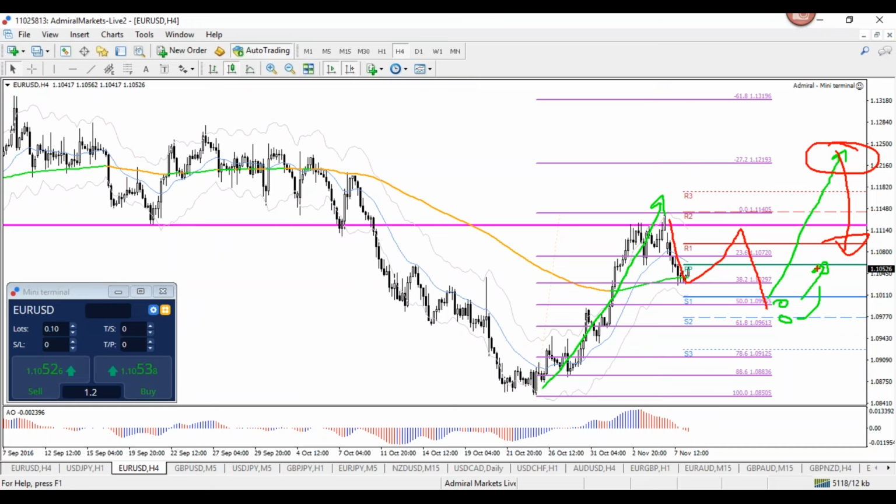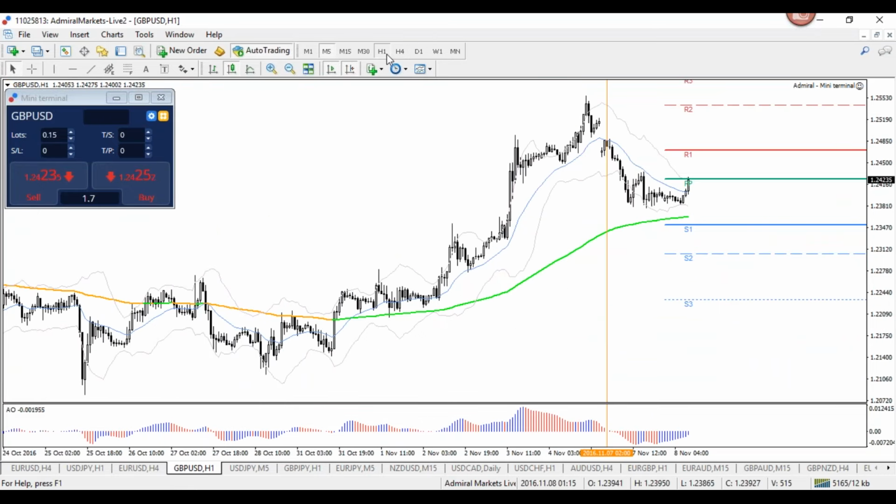So let's see. I don't know what kind of political events might change that. This might not occur because of that, but this is how technically it looks like a zigzag to me.